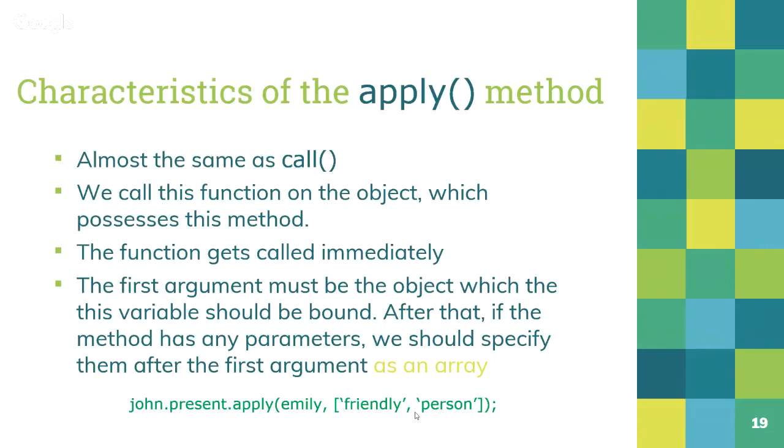So we can store them in a variable, which is an array, and just simply pass the array in the apply function and not just simply list tens of parameters. Other than that, there's absolutely no difference, and you can use whichever method is more convenient. Also notice that this function gets called immediately as well, just like the call method.